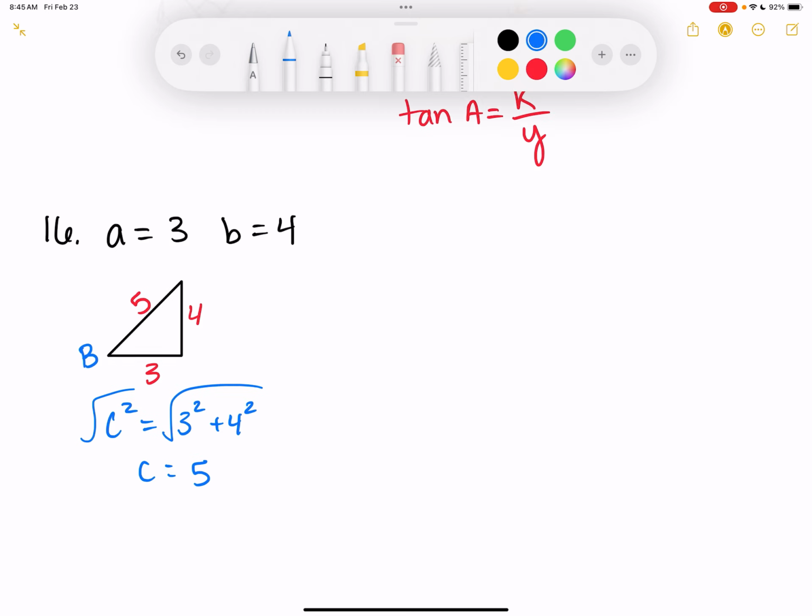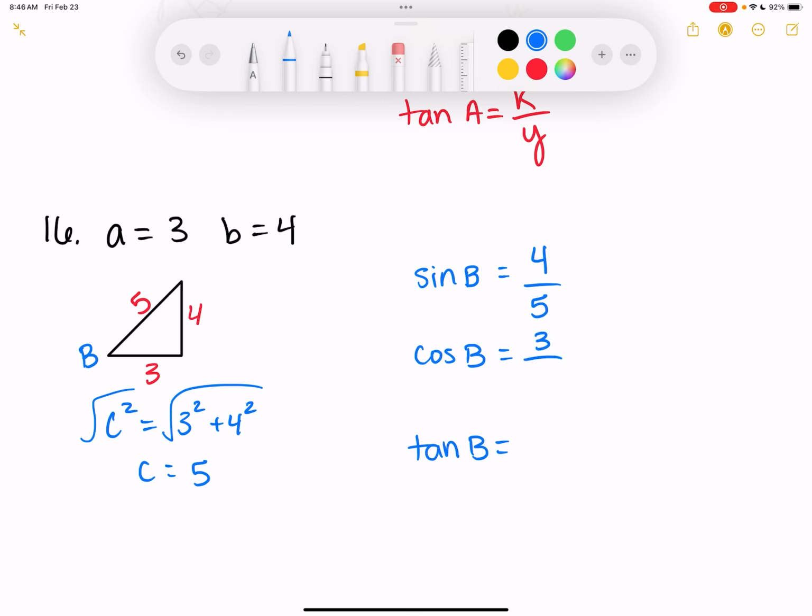All right, now we need to find sine of B, cosine of B, tangent of B, and then we'll find the other ones after that. What is the sine of B? 4 over 5. Somebody else give me cosine. 3 over 5.